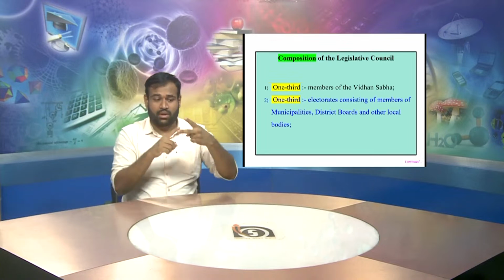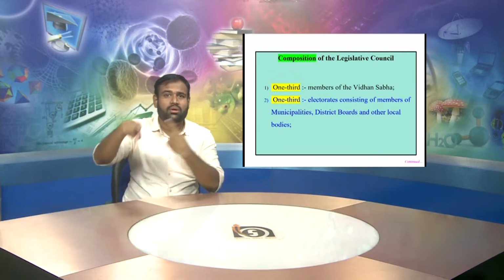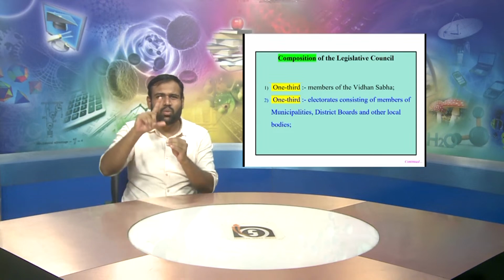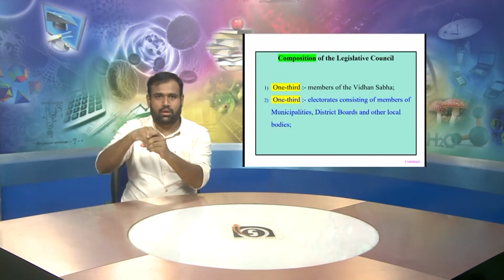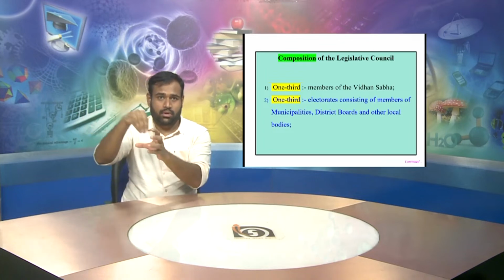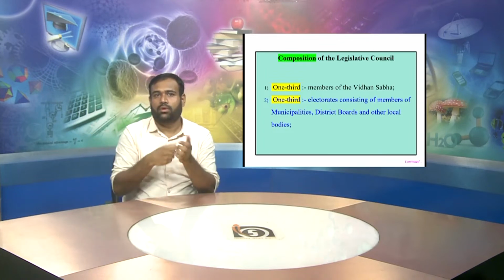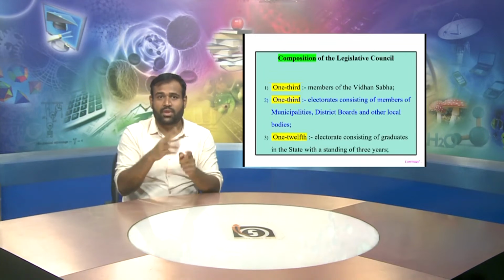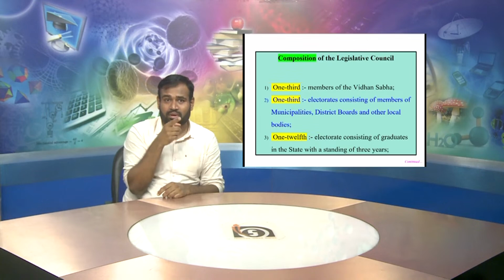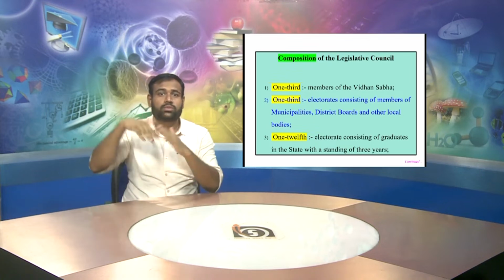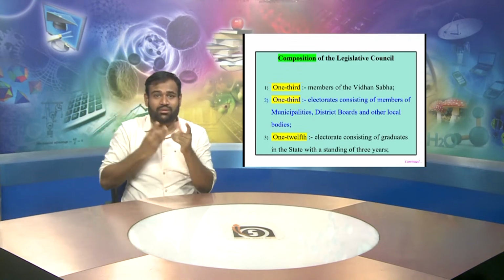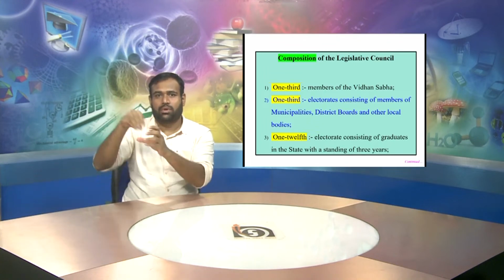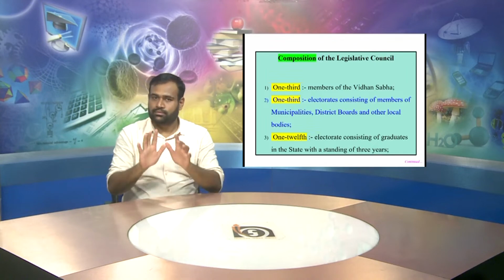And also 1/3 are elected by electorates consisting of members of municipalities, district boards, and other local bodies. And the next composition is 1/12, an electorate consisting of graduates in the state with a standing of 3 years.